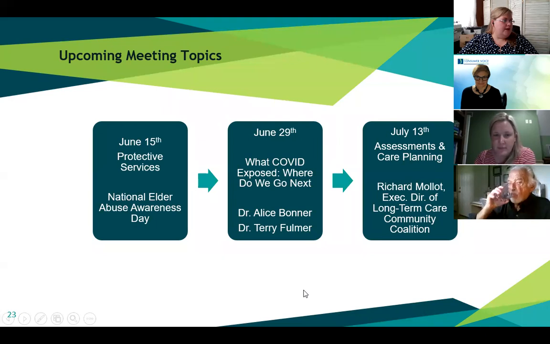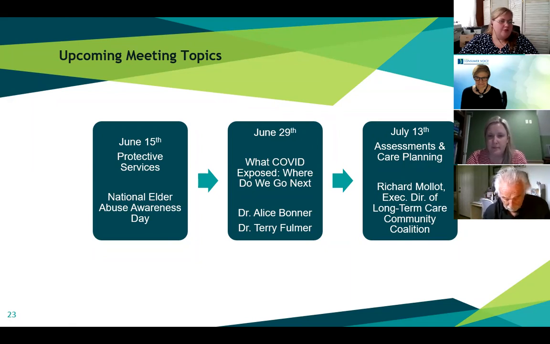I want to quickly review our upcoming meeting topics. On June 15th, we have Protective Services. They're going to speak to us about what their role is and what they do for the elderly and nursing home residents as well. That's on National Elder Abuse Awareness Day. We have Denise Ketchen, the director of the Pennsylvania Protective Services chapter. And then on June 29th, we're going to have a discussion on what COVID exposed and where do we go next.